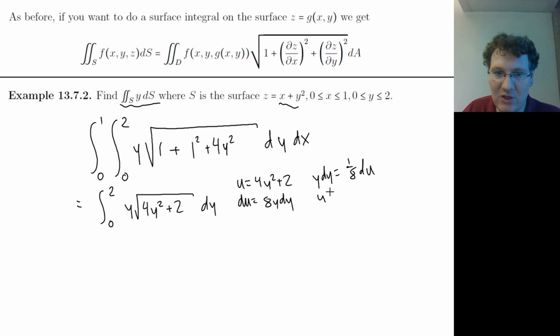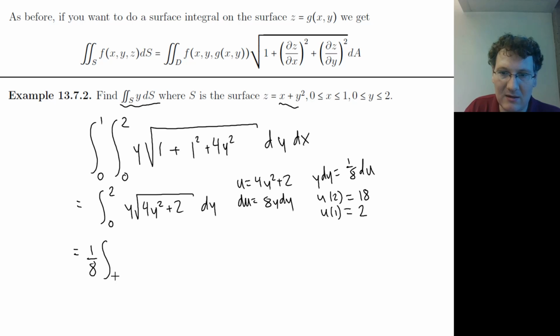My bounds: u of 2, my upper bound, is going to be 4 times 2 squared. That's 4 times 4, 16, plus 2 is 18. U of 1 is going to be just 2, so I'm going to get a 1/8. I'll put it right here. So we're going to go from 2 up to 18, and the y dy is going to be my du along with the 1/8. That's part of it.